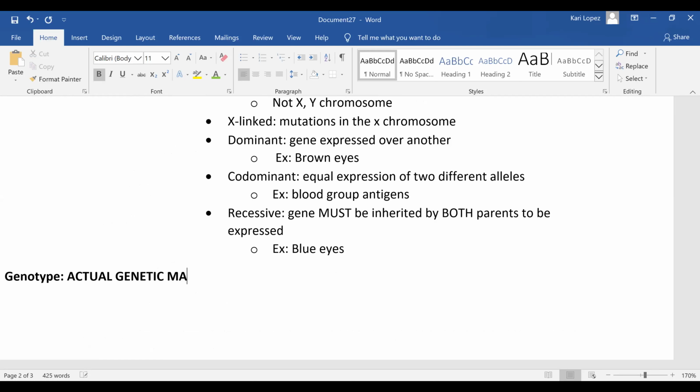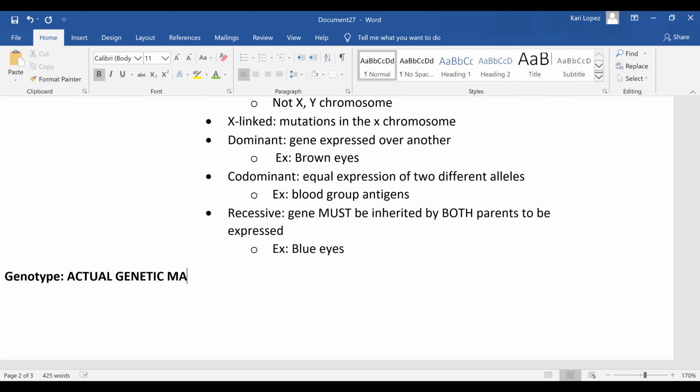Okay, so now if something is autosomal dominant, I took it's either autosomal or X-linked or sex-linked, and then it's either dominant, codominant, or recessive.